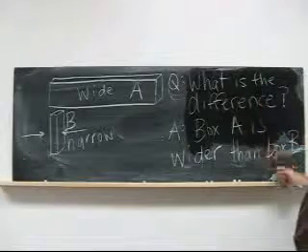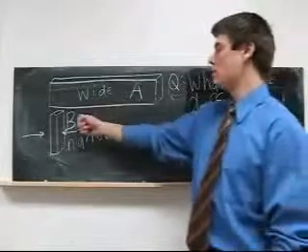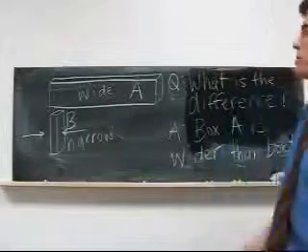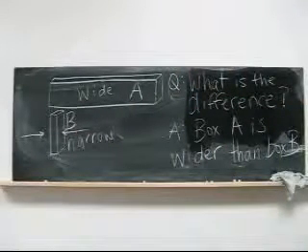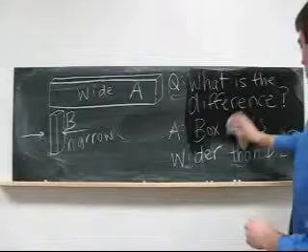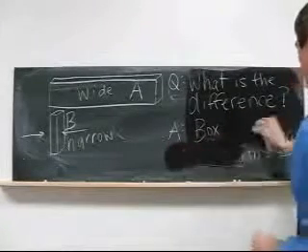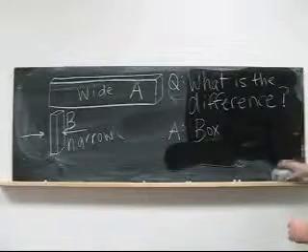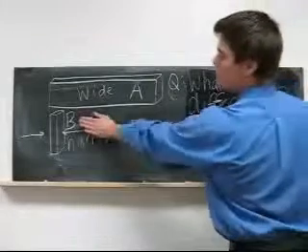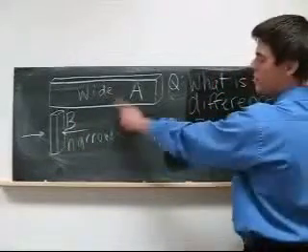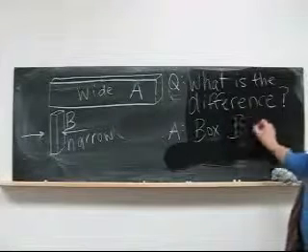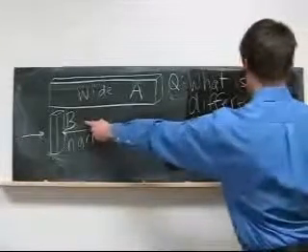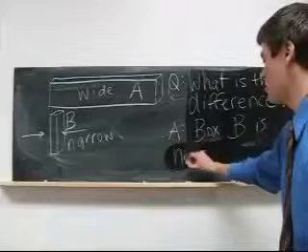So what's the difference between box A and B? Box A is wider than box B. Or box what? Box B is narrower than box A. Box B is narrow.